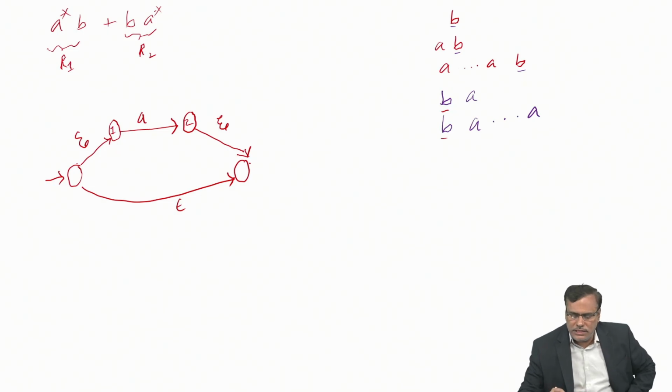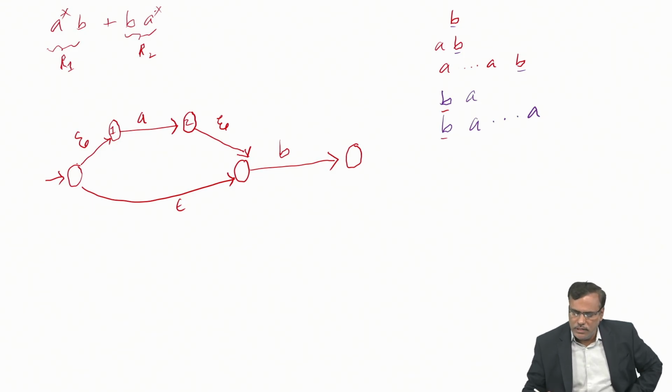This is the R1 part, that is A star B. In a similar fashion, in the R1 part, you have done the A star part, but you are left with B. B can be written like this. So this is your final state. So the R1 part is over for A star B.